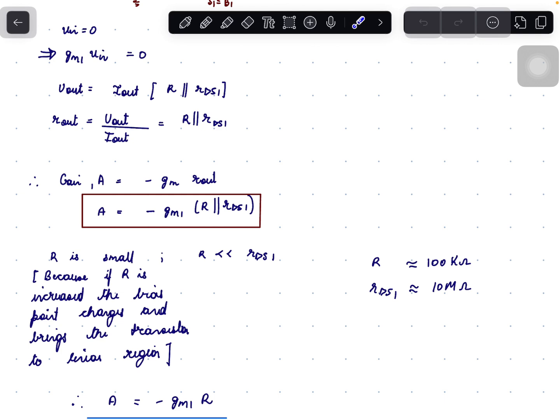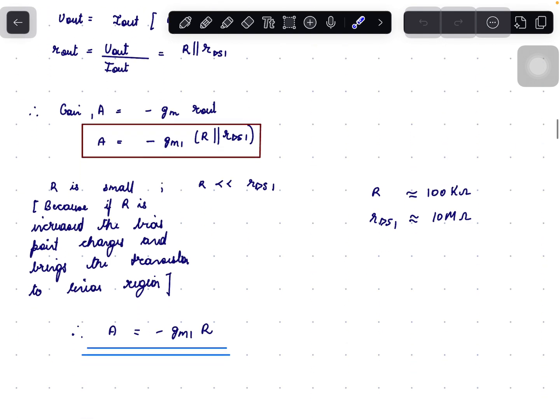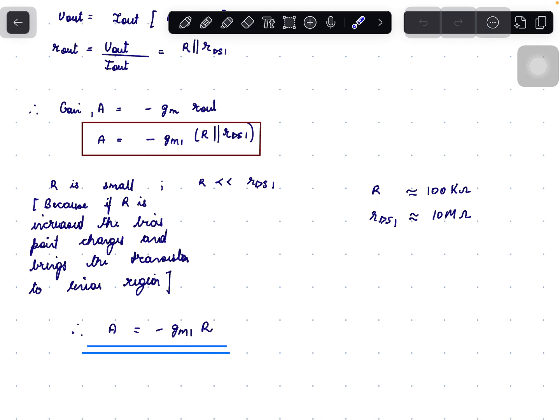The value of R is generally small compared to the RDS1 of the NMOS. For example, R will be in the range of 100 kilo ohm and RDS1 will be in the range of 10 mega ohms. So when you parallel R and RDS1, R wins. This is because R parallel RDS1 is nothing but R into RDS1 divided by R plus RDS1.